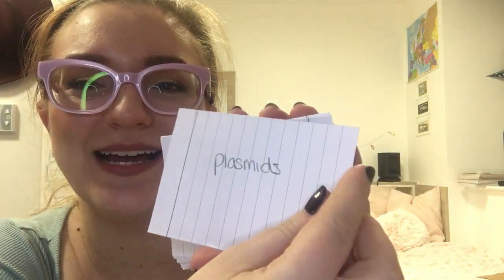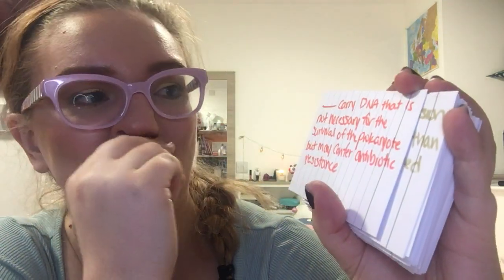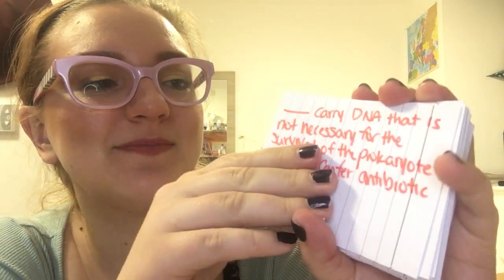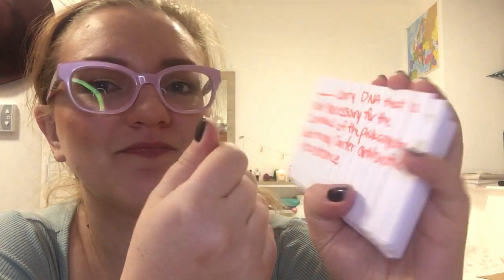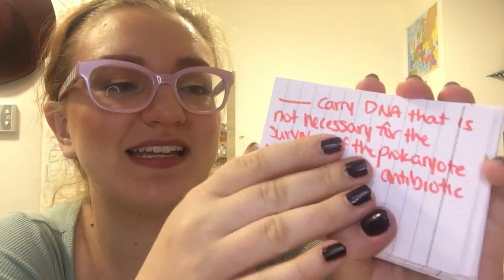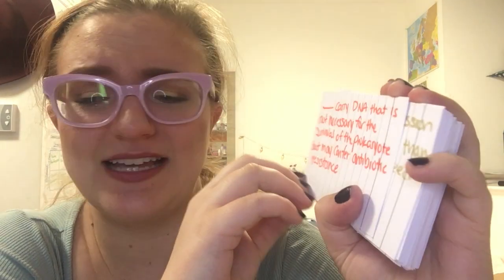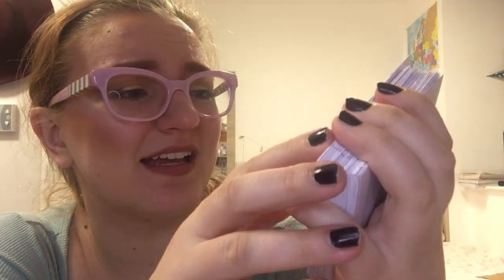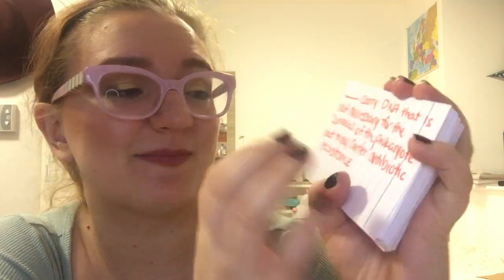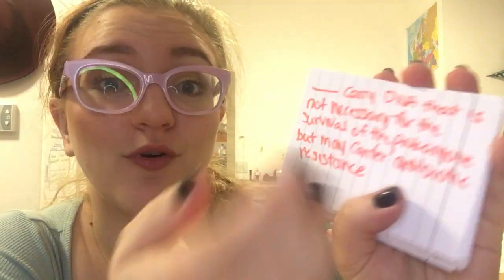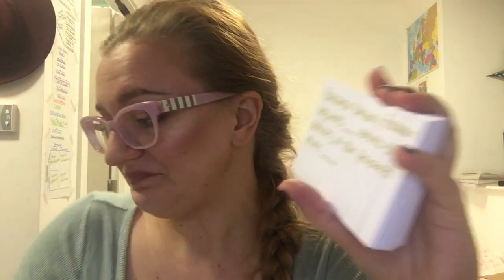That's actually what I was going to say is so interesting about them: they're not necessary for the bacteria to survive, but they carry certain traits, certain DNA that tends to be very interesting, and one of the things that ends up being in the plasmids a lot is the gene for antibiotic resistance. So that's something that can be carried in plasmids.